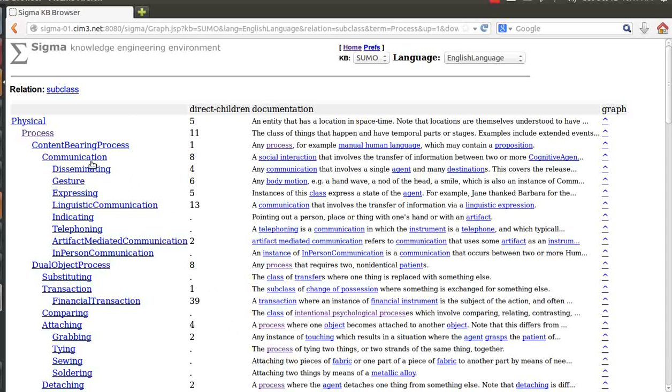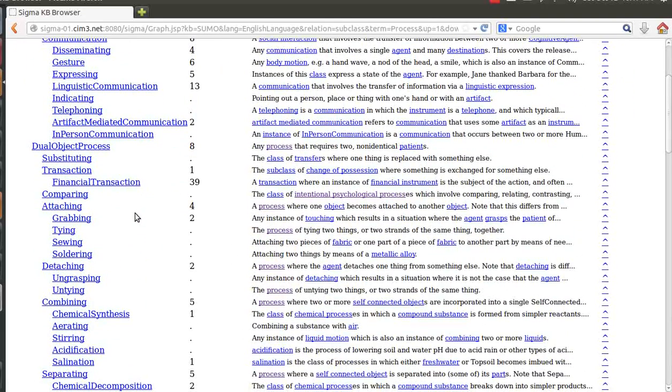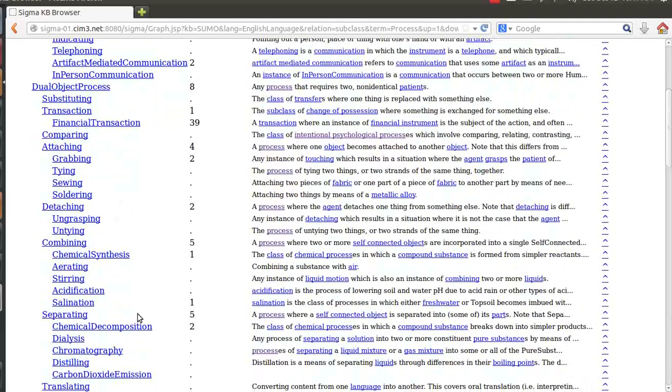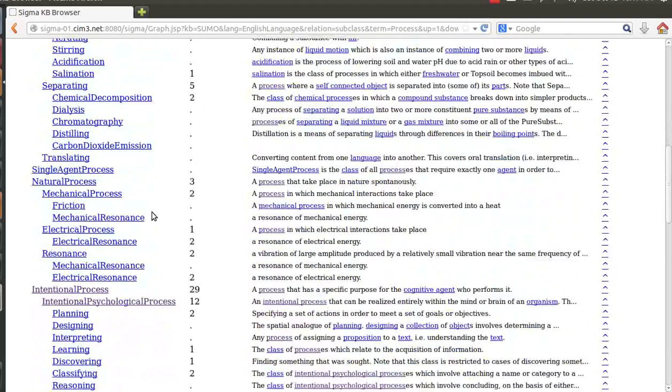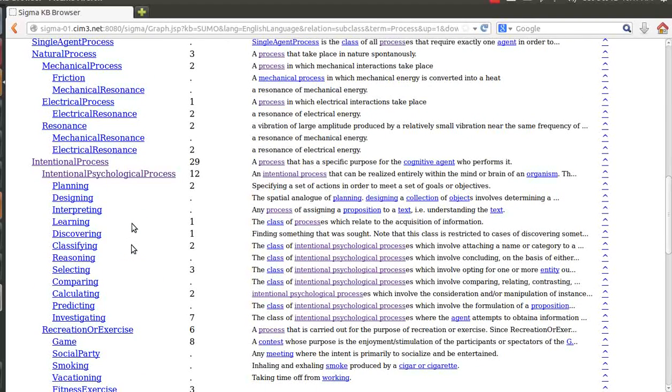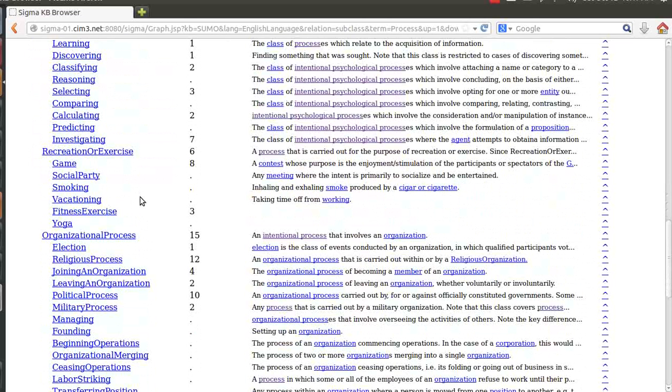You'll see a lot of use of various kinds of communication. Dual object process is a lot of useful stuff, attaching, detaching, separating, a lot of intentional processes, things having to do with thinking, planning, learning, games. This is very neat.